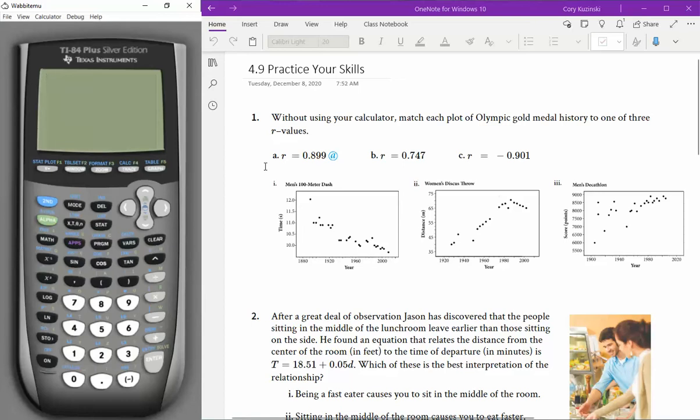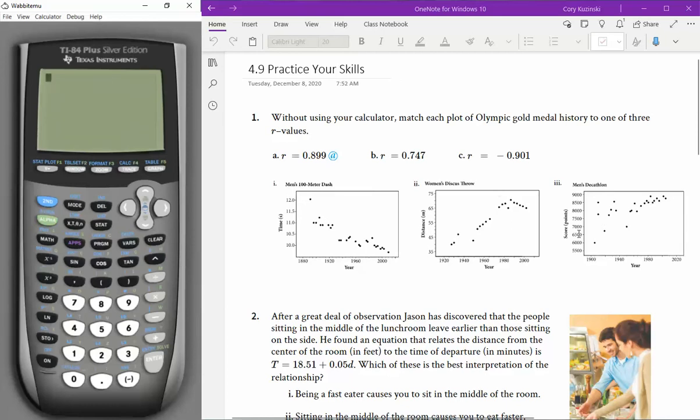Here we go. Without using our calculator, can we match each point of Olympic gold medal history to one of these three R values? In graph one, we're looking at the men's 100-meter dash. Over time, the 100-meter dash Olympic gold medalists' times have been coming down.